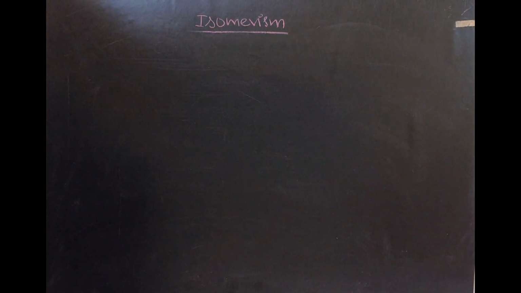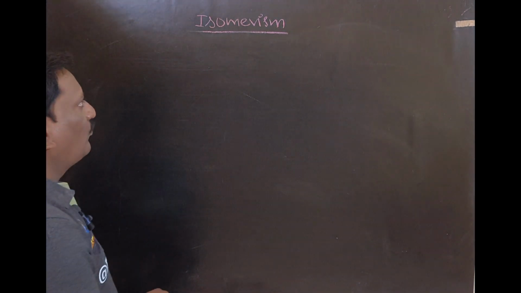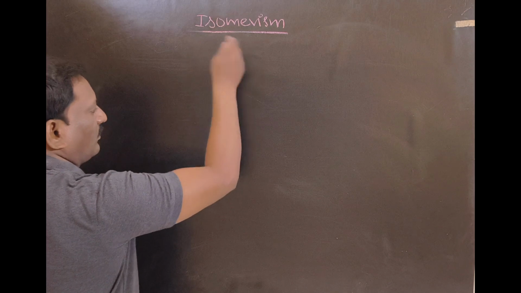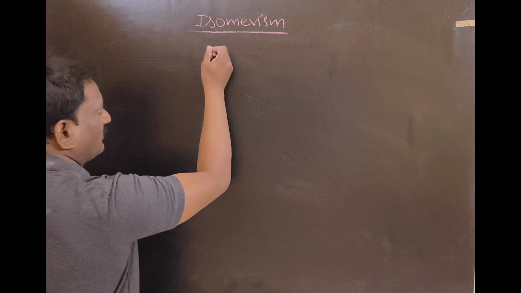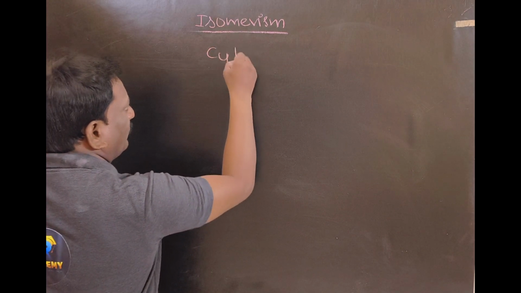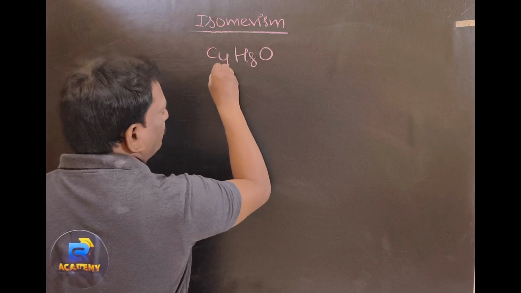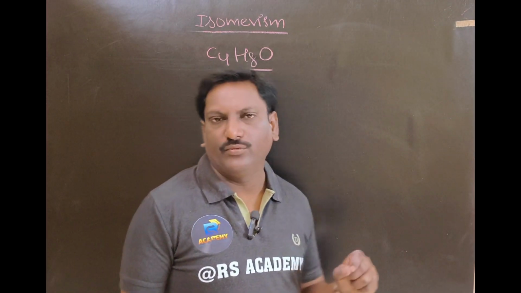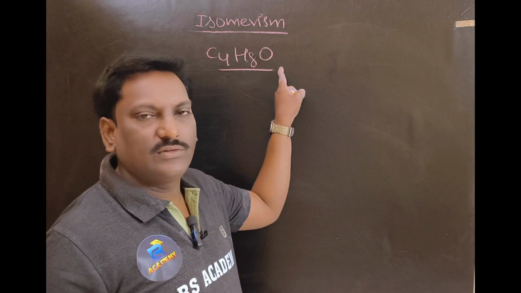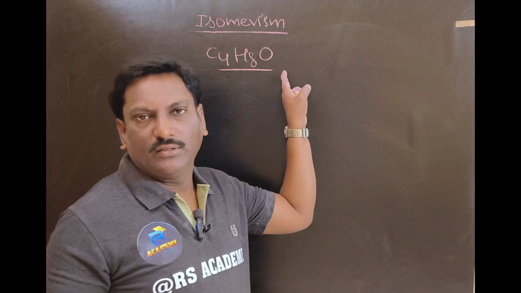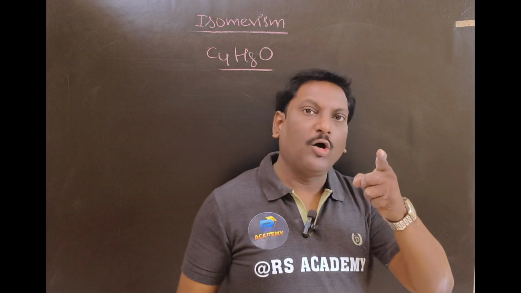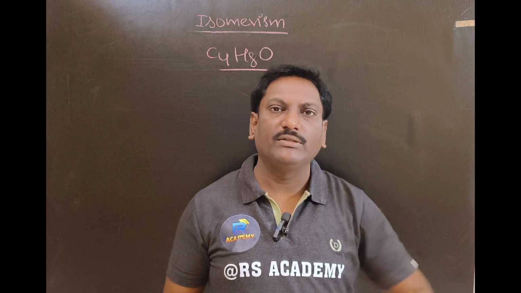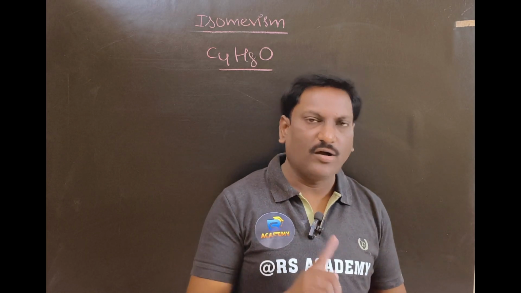Next, one more example. Let us take the second one, that is C4H8O. Here, C4H8O. How many oxygens are there? Only one. So remember this. How many functional groups are there with a single oxygen atom?